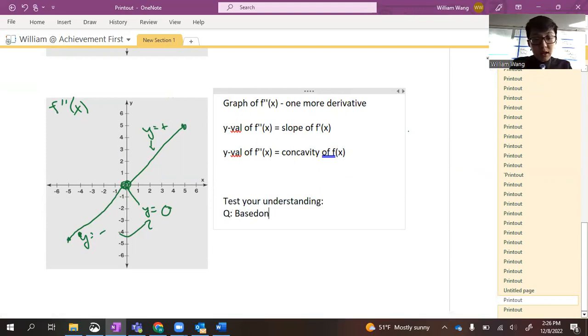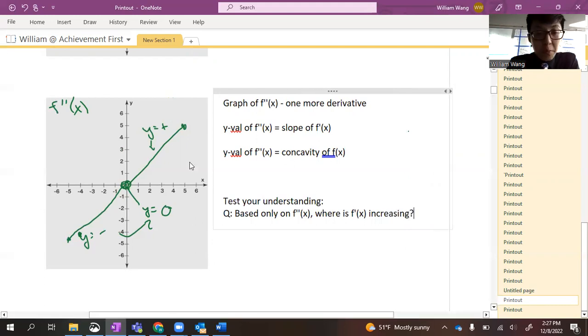My first question is going to be this. Based only on f double prime of x, based only on this graph, where is f prime of x increasing? So don't even scroll up at all.